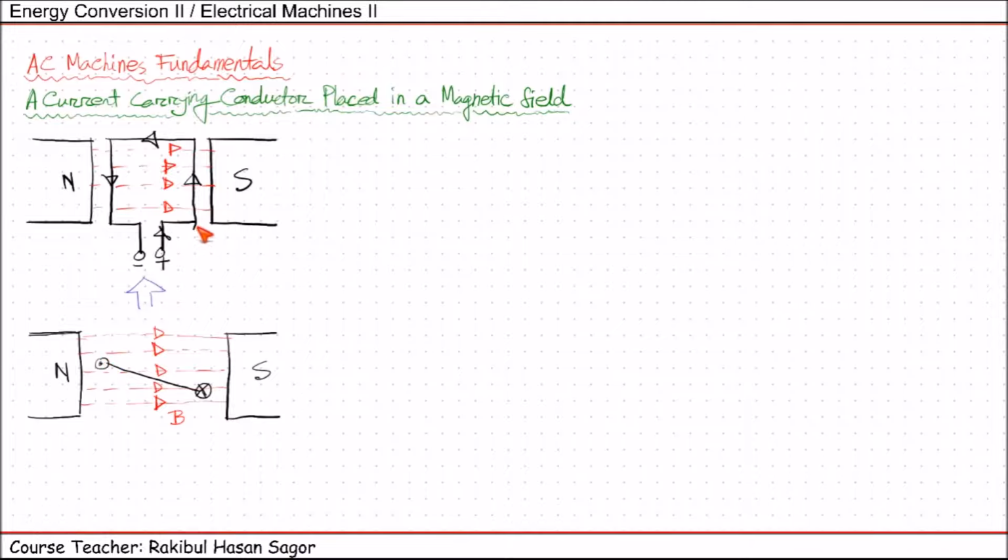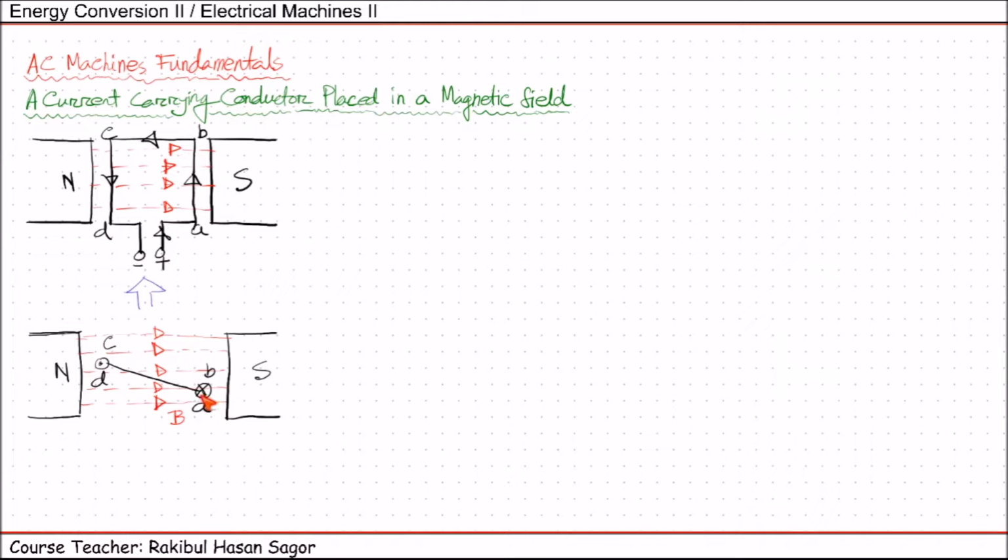Let us denote different sections of the wire by different notations like A, B, C, D. So we have A, B point here and C, D point here. As we can see, two opposite direction currents are flowing in these two wires.